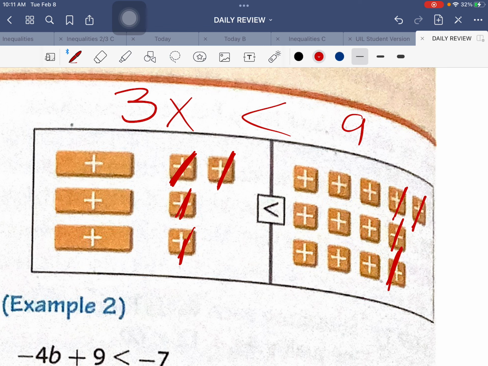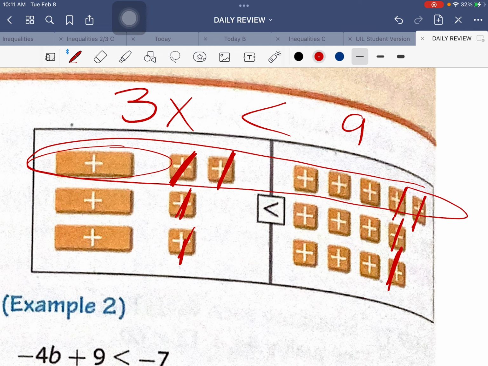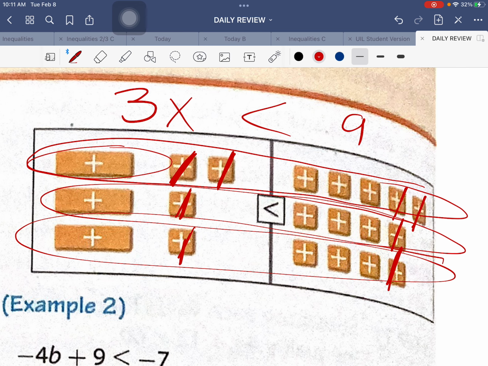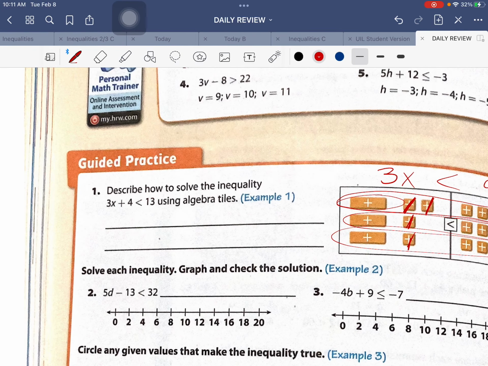Mr. Jaciel will protect us, right? Now, each rectangle is going to have how many squares? Each rectangle has how many? 3. So that means this is what you are going to write.